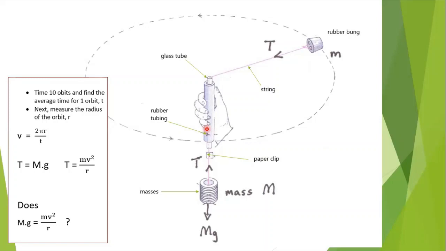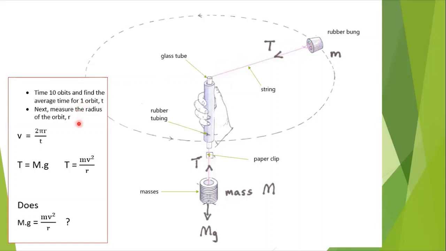Now, what do we do? We swing the rubber bung around in a horizontal circle at as constant a speed as we can, and make sure that the radius is constant, and we can do that by making sure the paperclip is just not touching the bottom of this glass tubing. Incidentally, we measure r from the center here to the center of the rubber bung.